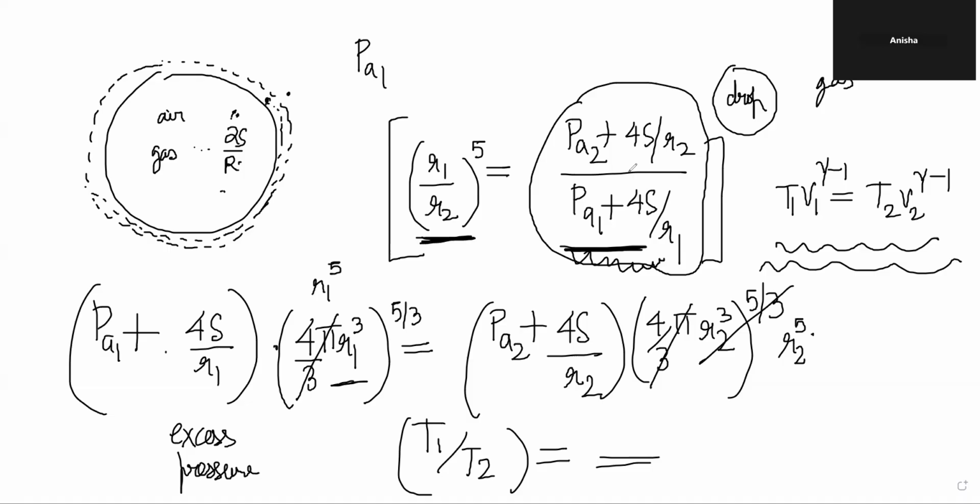Because it's a perfect heat conductor, immediately it will transfer the energy and come to the same temperature. So that process would be called an isothermal process.